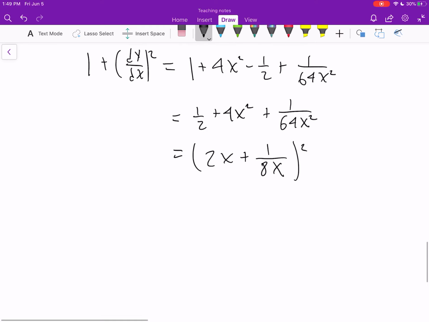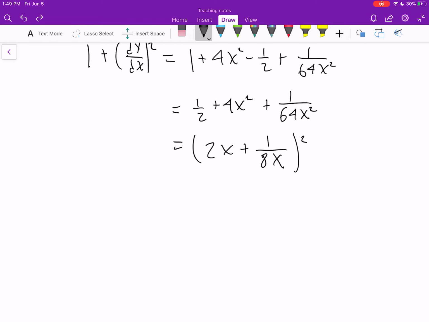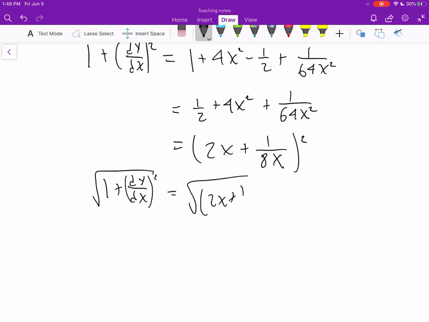This actually makes things a lot easier on us, because 1 plus (dy/dx) squared is something that's just squared. So when I take the square root of that, that's going to make things really easy. The square root of 1 plus (dy/dx) squared is going to be the square root of (2x plus 1 over 8x) squared, which is 2x plus 1 over 8x.